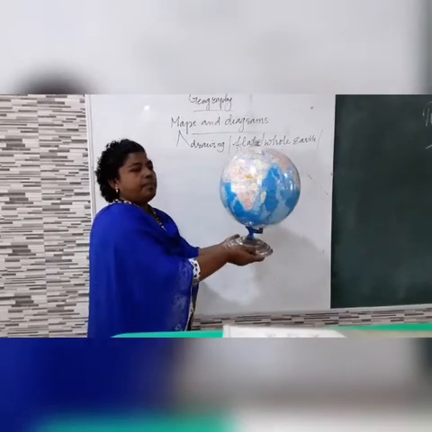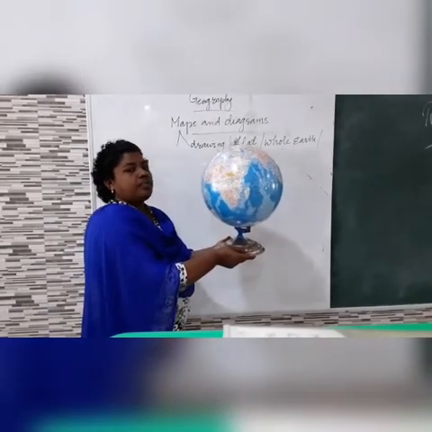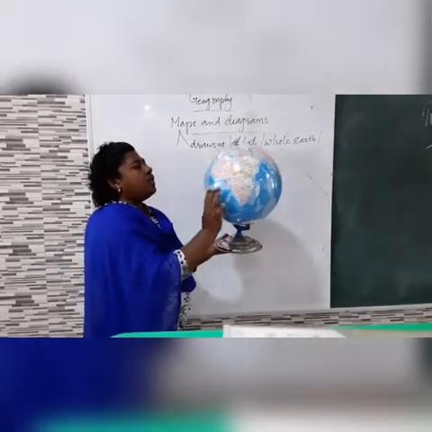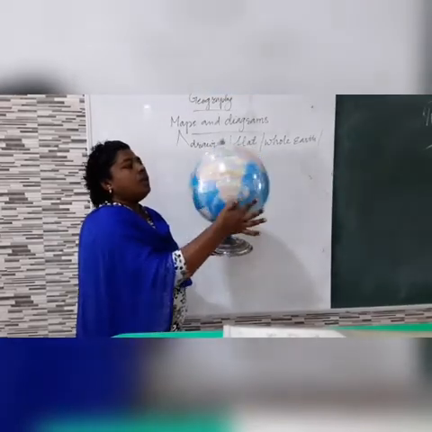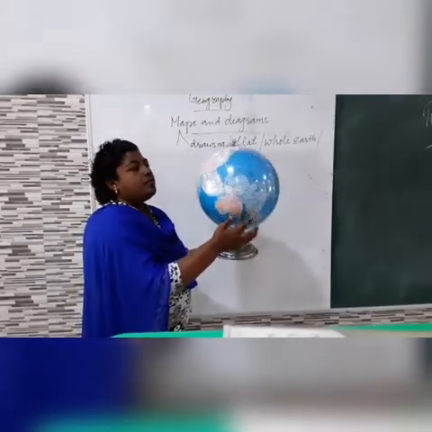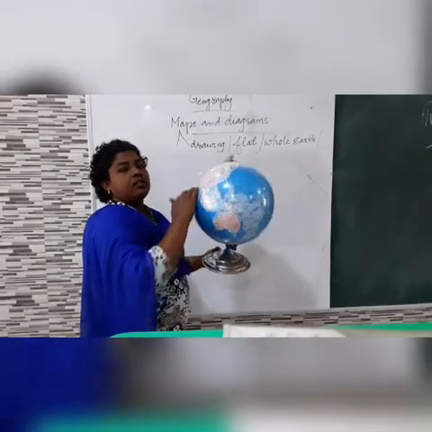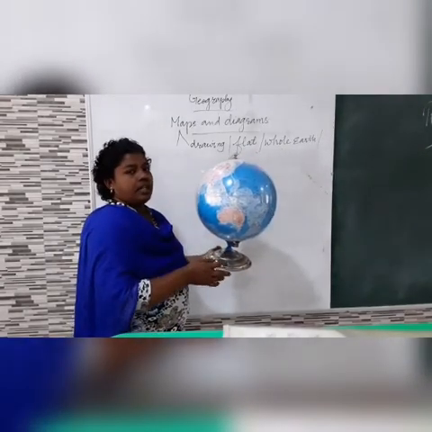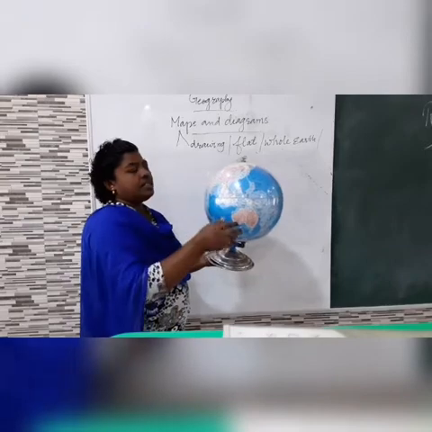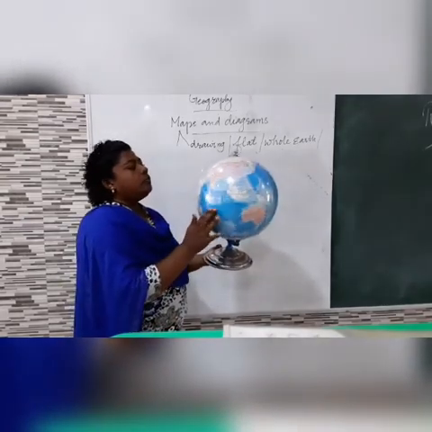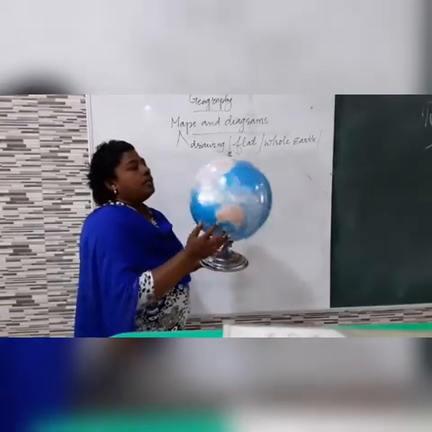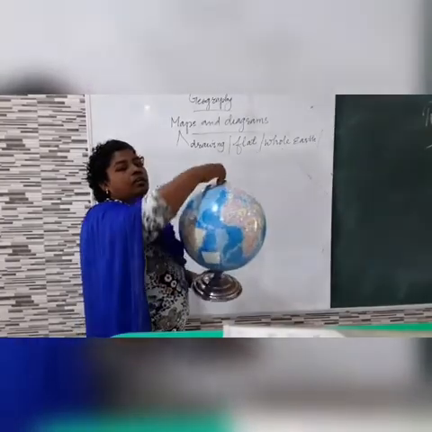You can keep a globe in a particular place on a stand and you can rotate and see the whole earth. But at a time you can see only one side, other three sides cannot be seen. To see other three sides, what do you have to do? You have to rotate the globe so that you can find out the whole earth.